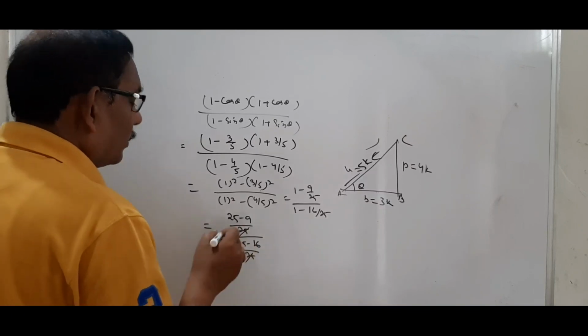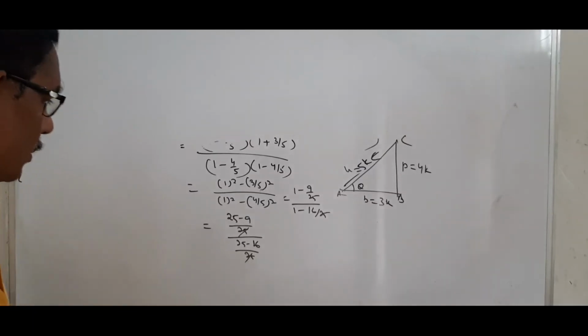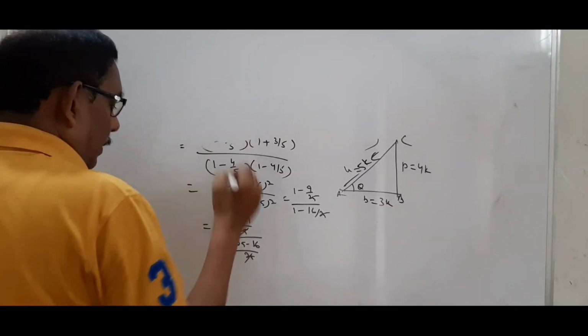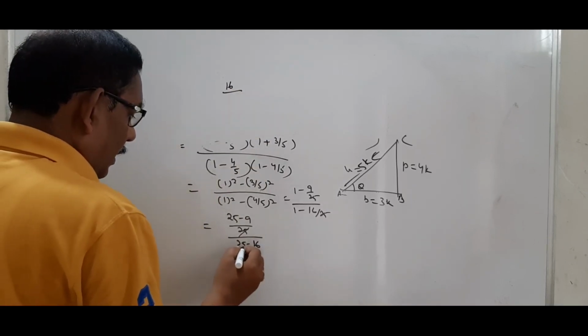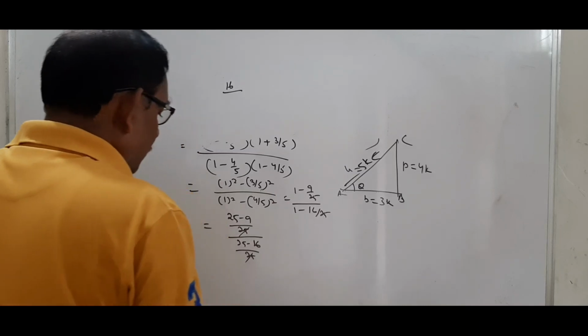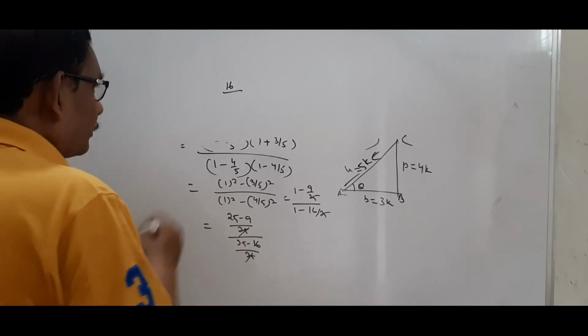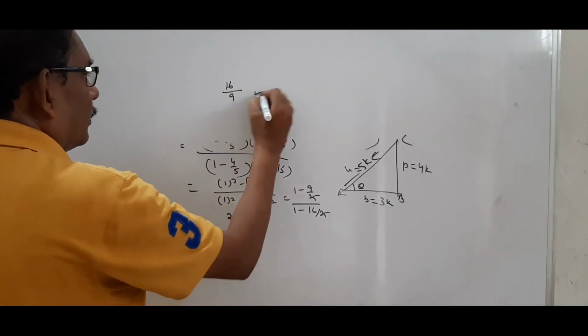Cancelling the 25, now it is 25 minus 9, that is 16, over 25 minus 16, that is 9. So that is your answer.